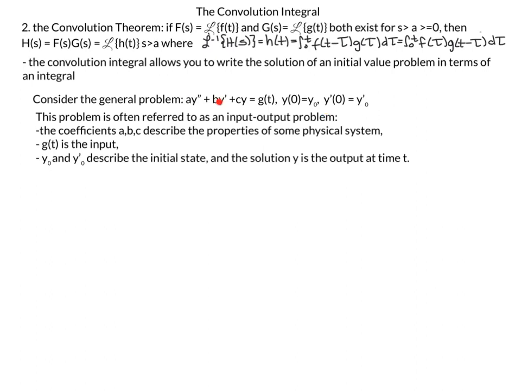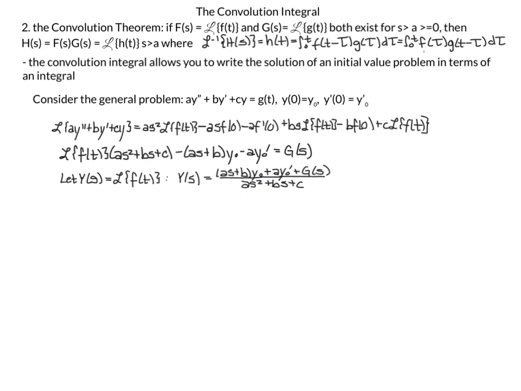First, the coefficients a, b, and c describe the properties of some physical system. G of t is the input, or the forcing function, and y naught and y naught prime are our initial conditions, or initial state. The solution y that satisfies this differential equation is the output at time t.